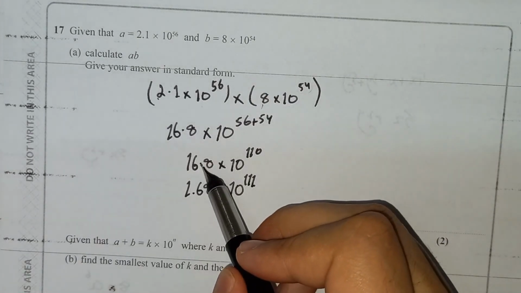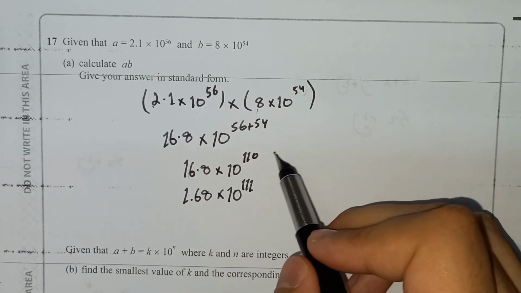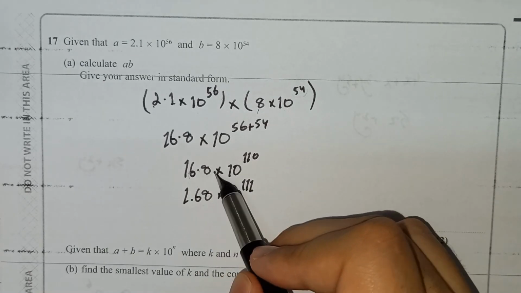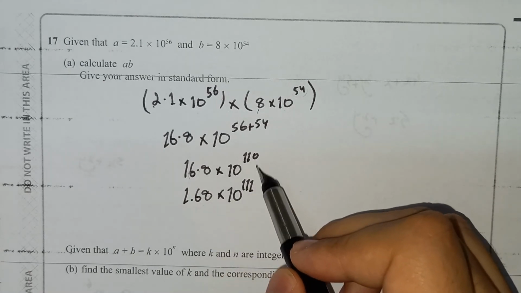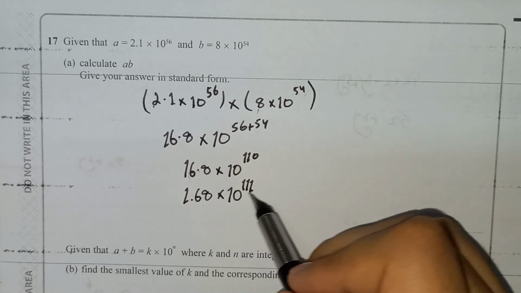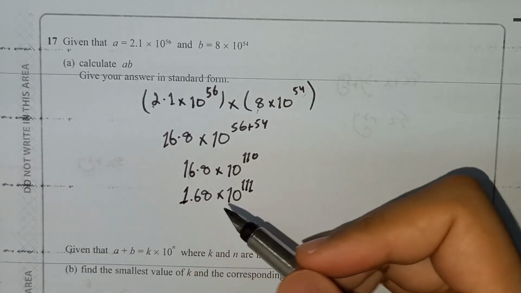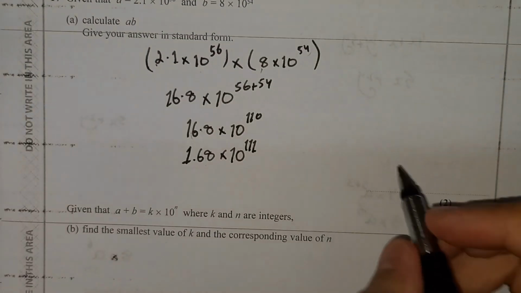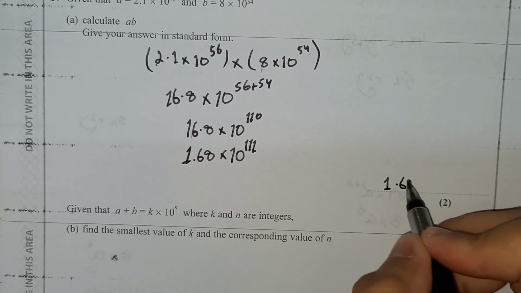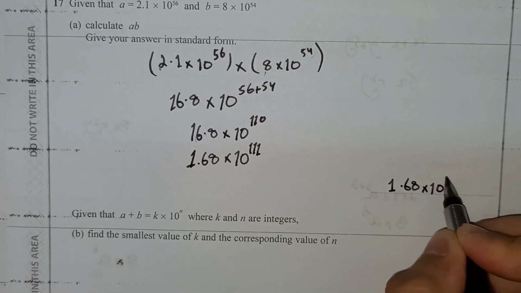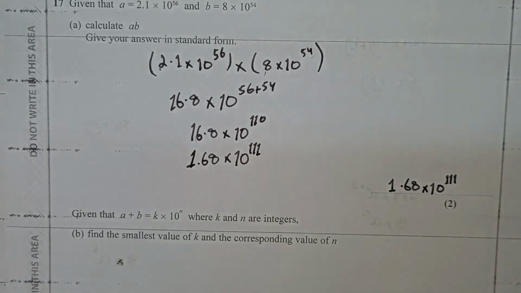Moving the decimal one place back increases the power by 1. Moving it one place forward decreases the power by 1. We moved it backwards, so it increased the power by 1. And we're done with this part. So we'll just write it over here like this.